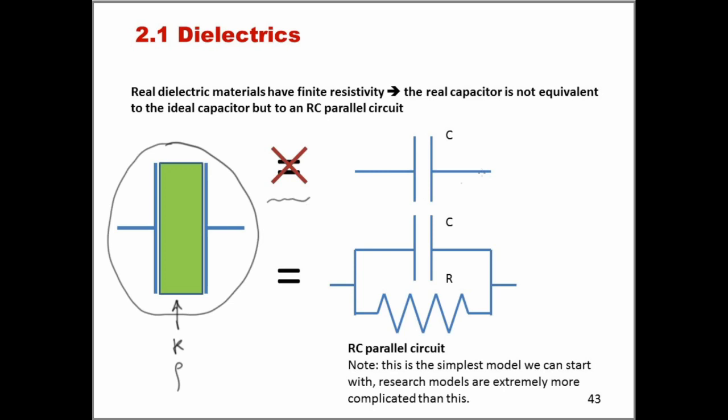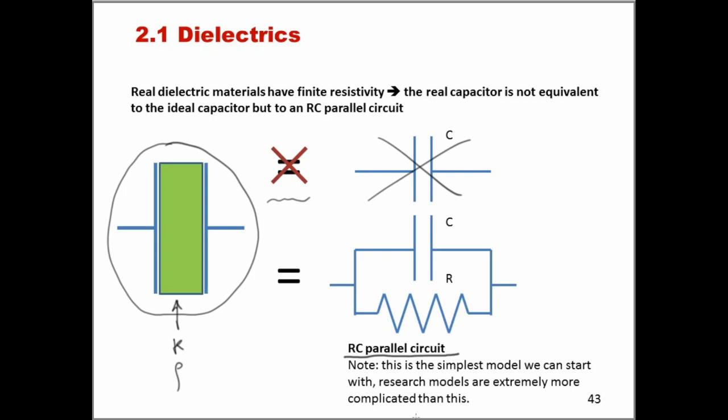This means that this symbol here is not equivalent to this one, the ideal capacitor, but is actually equivalent to a slightly more complex circuit, that is a capacitor, an ideal capacitor, in parallel to a resistor. So a real capacitor is actually an RC parallel circuit.